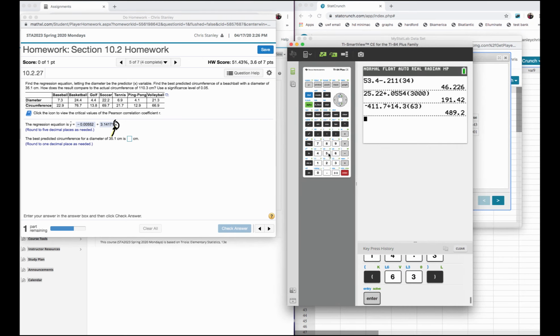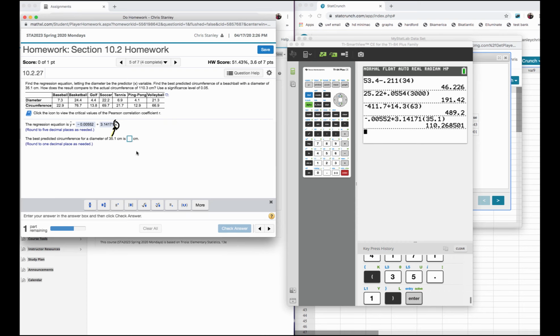So we have negative 0.00552 plus 3.14171, open parentheses, 35.1. So 1 decimal. I just rounded this to a 3.